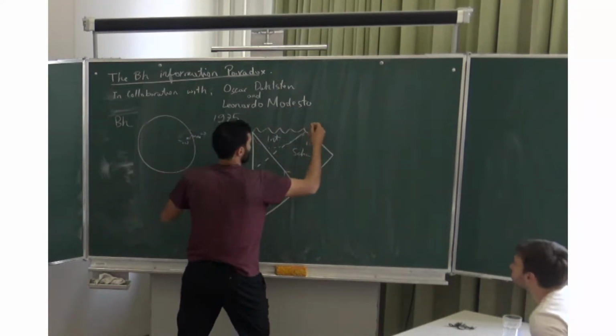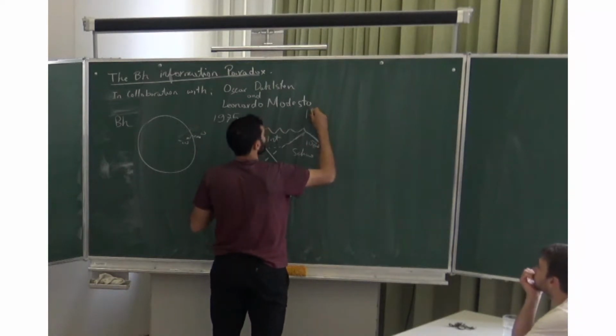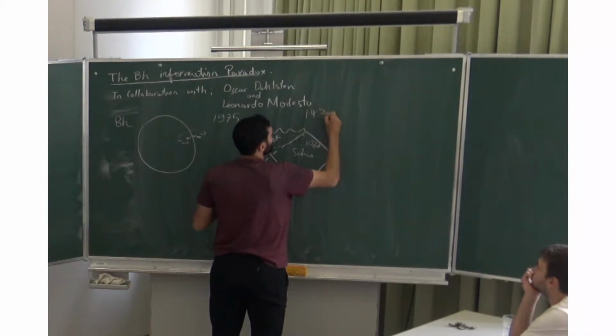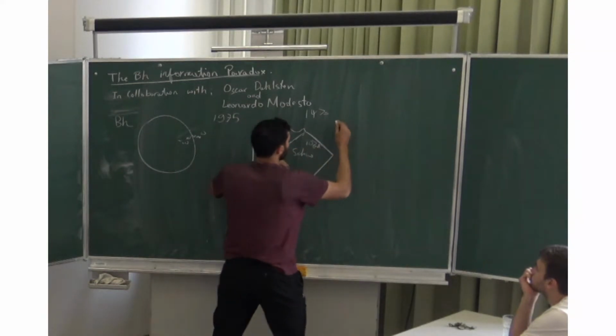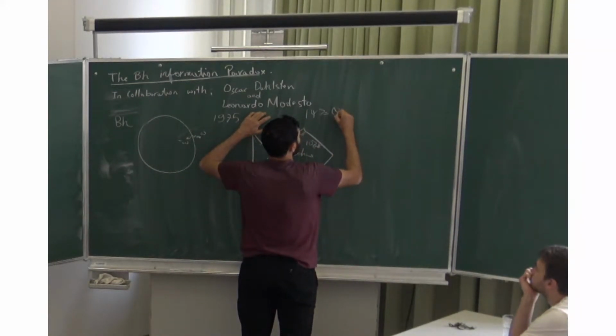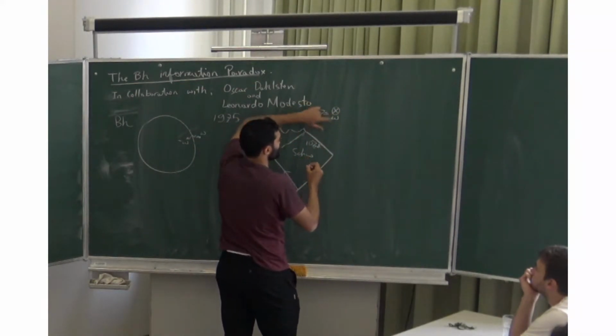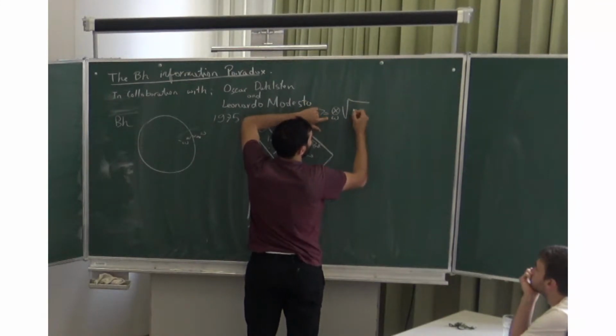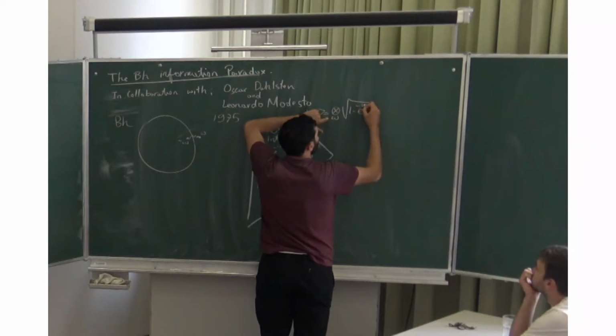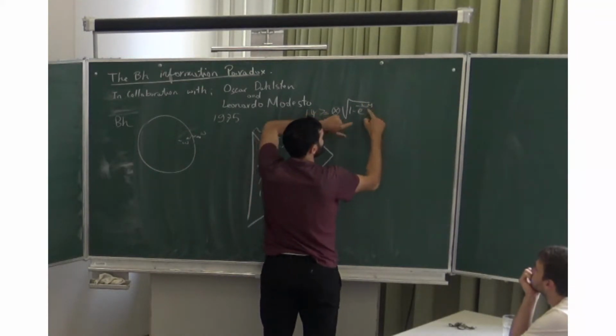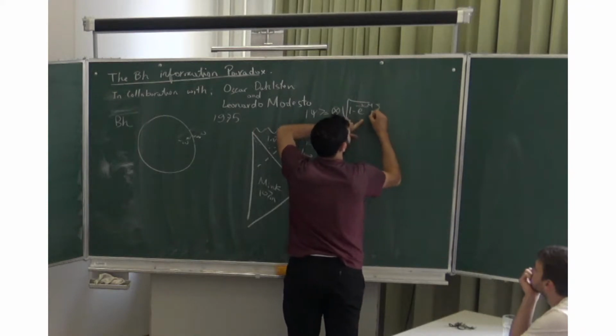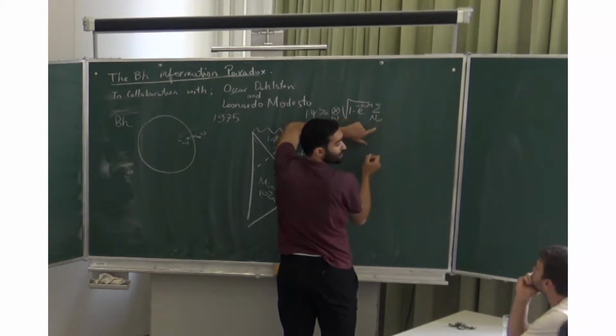What he derived is a state of the radiation. He showed that there will be pairs of particles created, and they will be in a state which is a tensor product over omega of (1 minus exponential of minus 2 omega M), where M is the black hole mass, times a sum over n_omega.